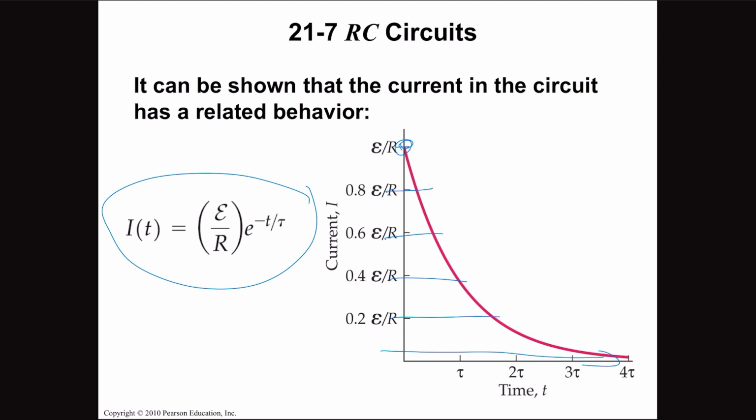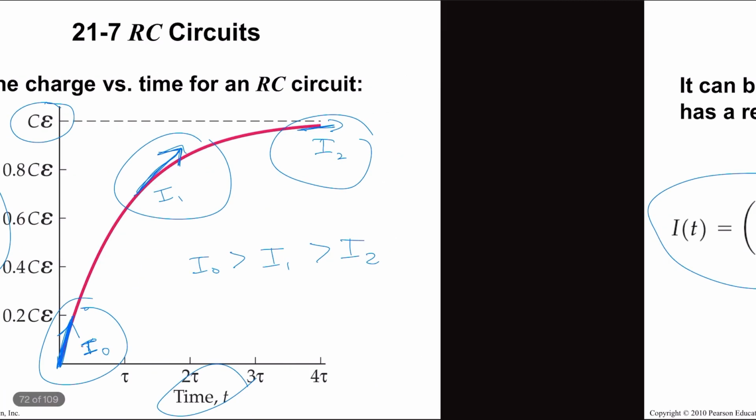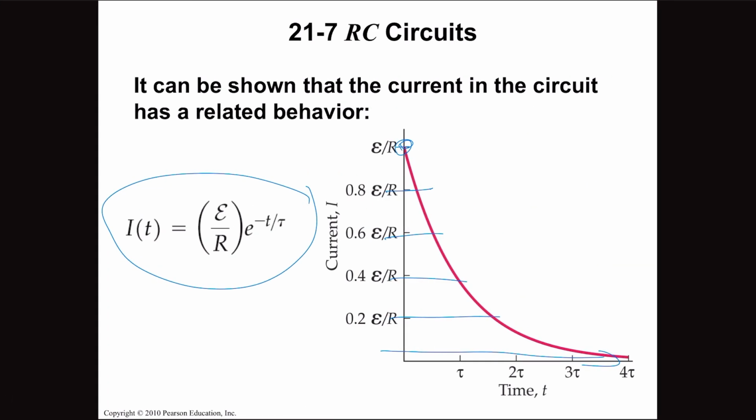But notice that this charge grows, current decreases, which also means that these capacitors are not ohmic. You don't want to be applying Ohm's law to these capacitors, because when you first flip on a switch, the voltage drop across the capacitor is 0, right? But it has a maximum current.